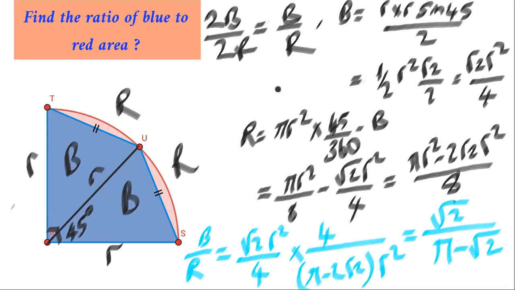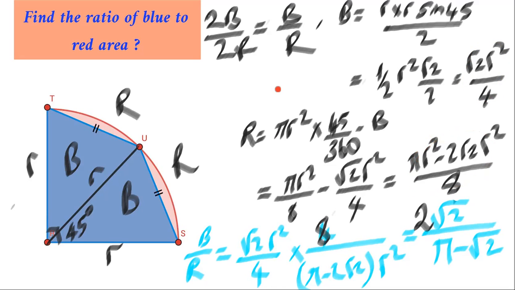Okay, so divided by, this is 8, the red one, and this is 8. So they are canceled. 2 root 2 over pi minus root. Okay, now much better.